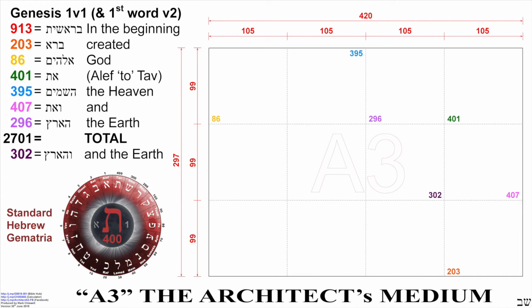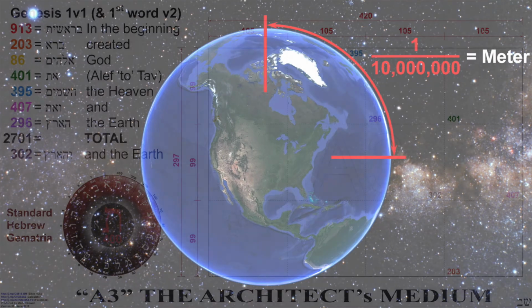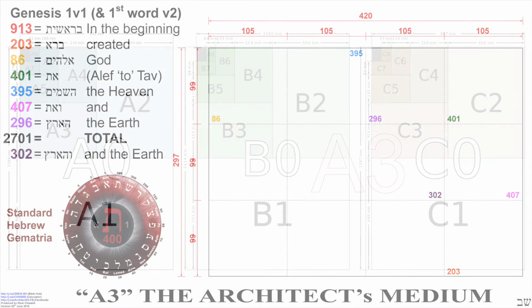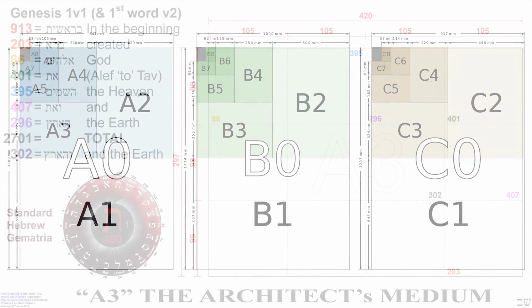This is particularly so in relation to the measurement that has been derived from a quadrant of the Earth's circumference and its relationship to the international standard for the size of paper.